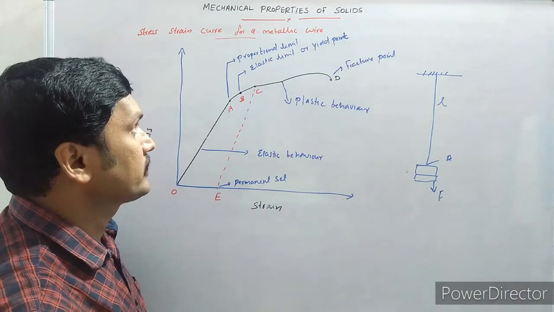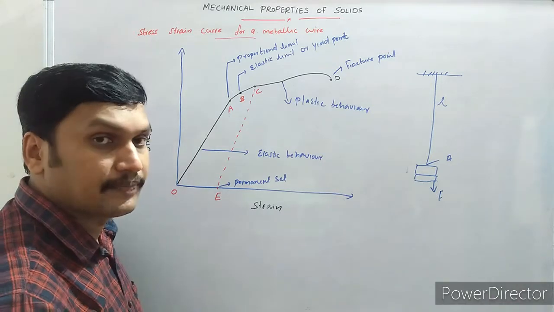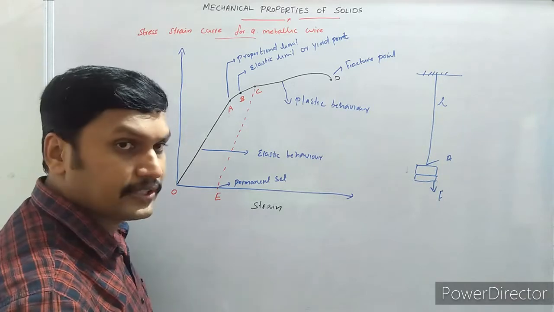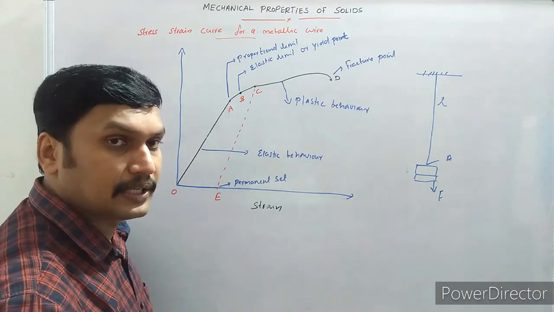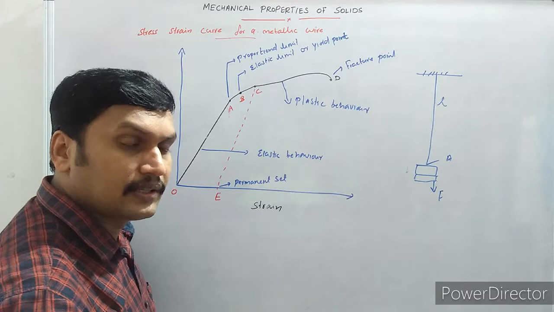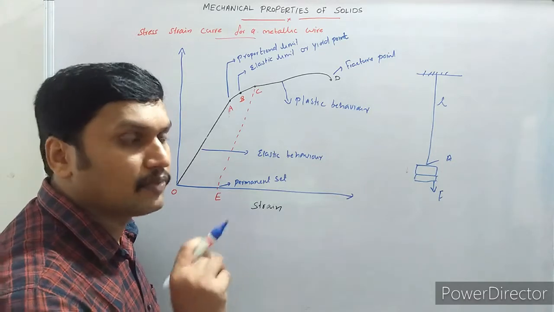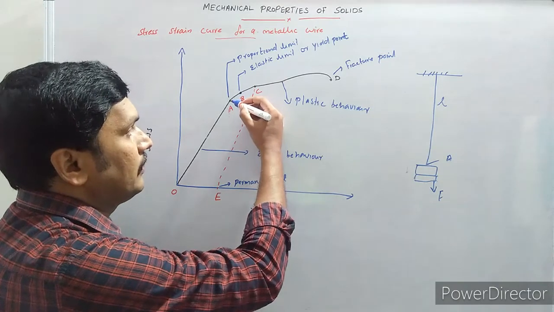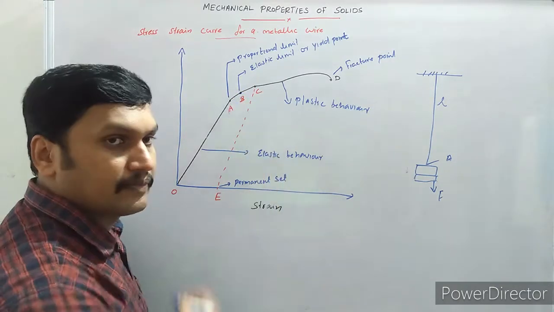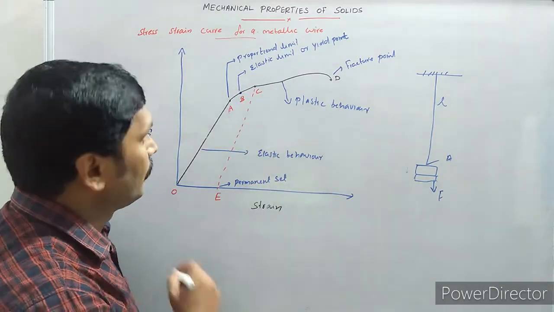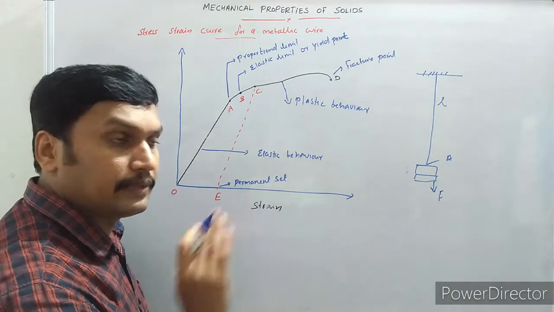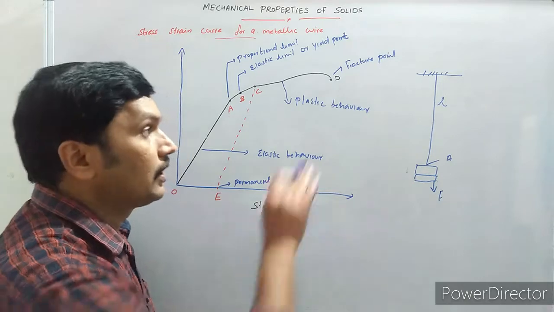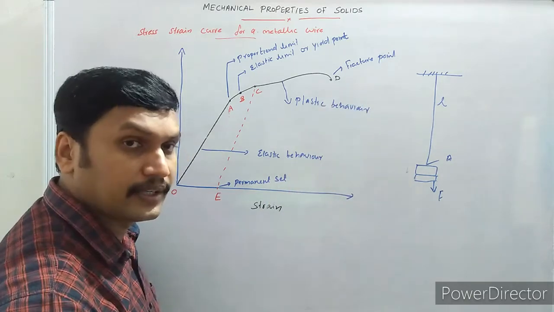After that, suppose you are increasing the stress beyond the value of A, the strain increases, but they are not directly proportional. It means there is a large strain even for a small stress. So it is not a straight line from the point A to B. But from O to B, whenever we are removing the stress, the strain comes to zero, and the string comes to the original configuration.